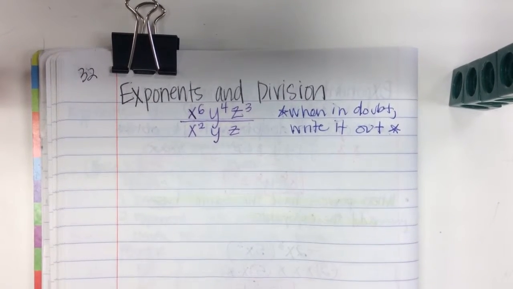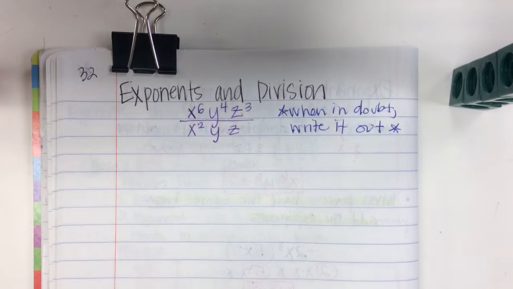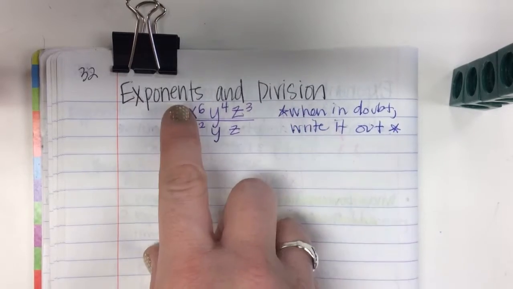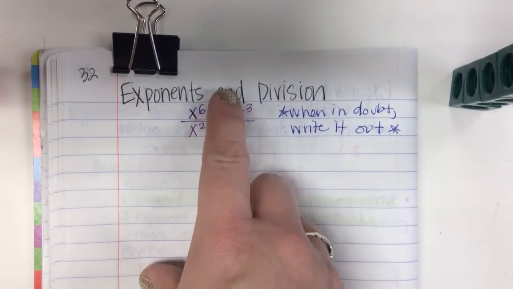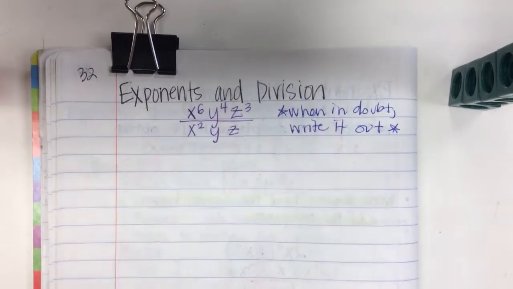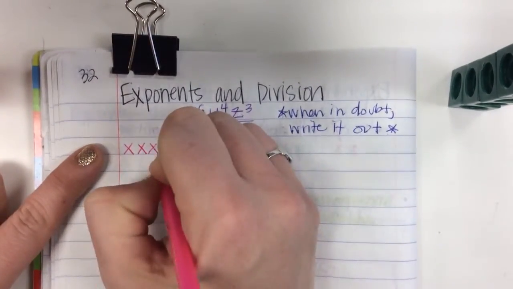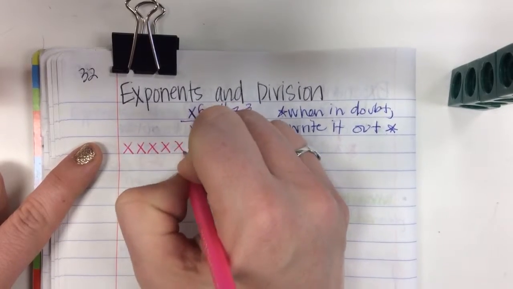One of our objectives is to expand, to write out our problems. So instead of the numerator of this fraction, instead of the top, saying x to the 6th, y to the 4th, z to the 3rd, I could write it down as x, x, x, x, x, x.